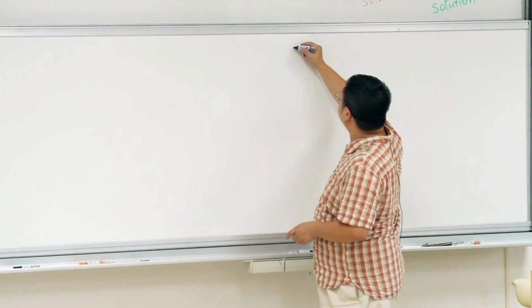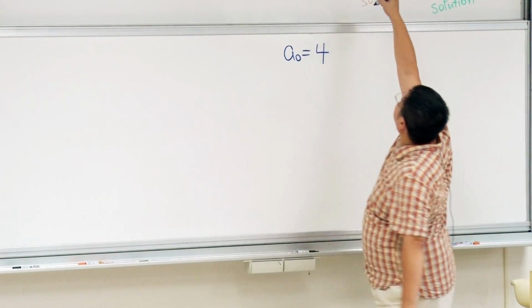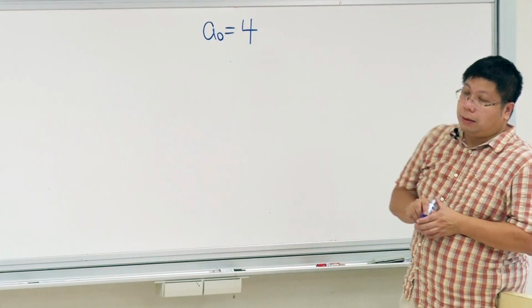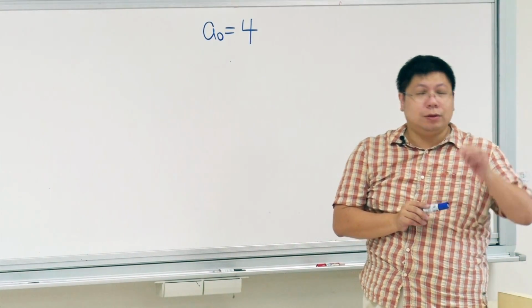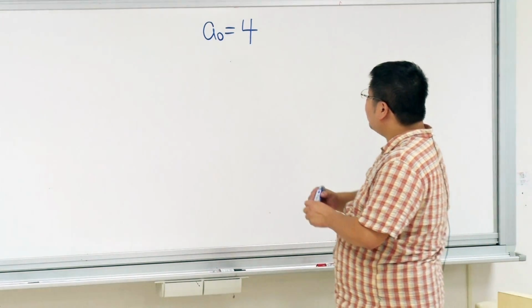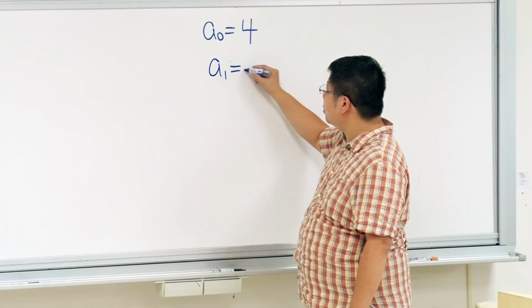So we have a_0 equal to 4, right? a_0 is equal to 4. If you use the above thing, we have a_1 plus a_0 equal to 3. So we must have a_1 equal to minus 1.